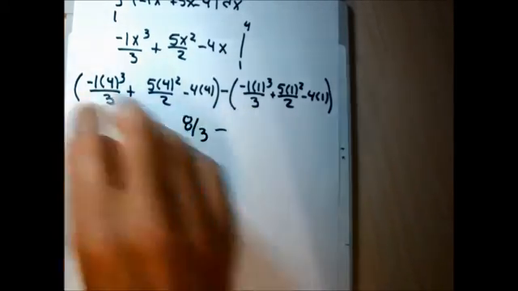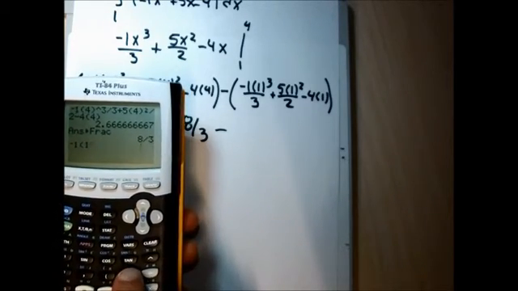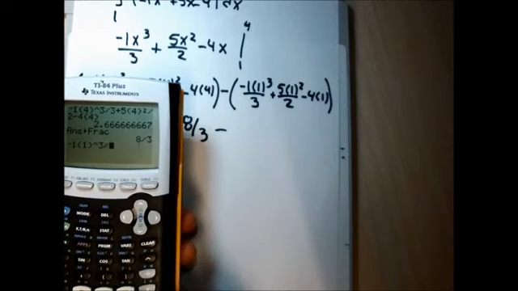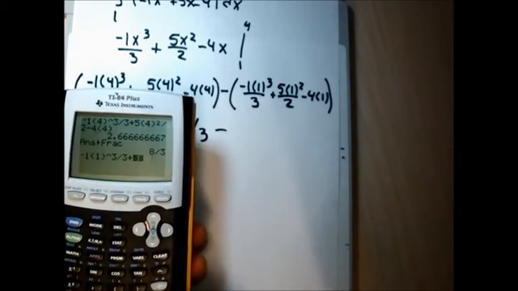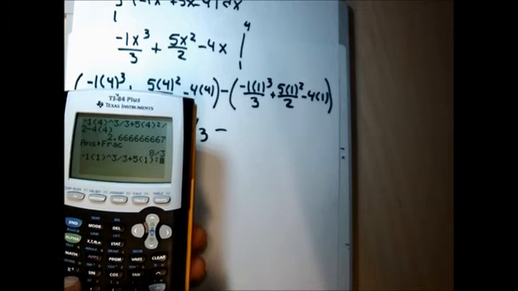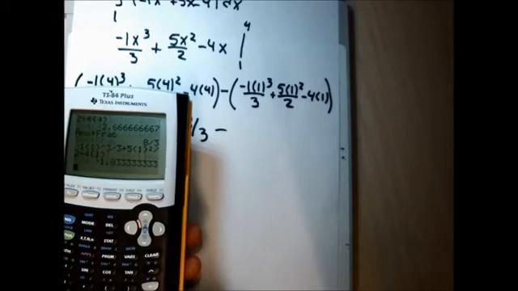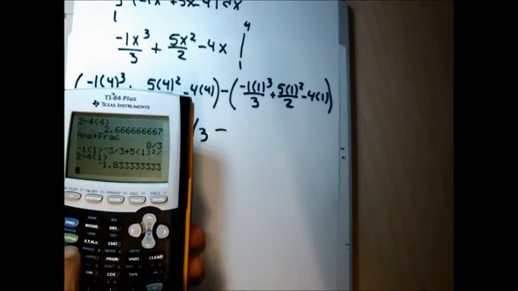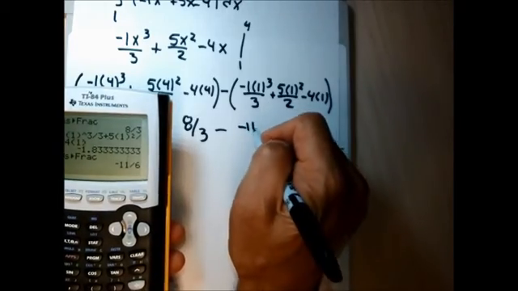Bring my minus sign down, work on the next parentheses. Negative 1 times 1 up arrow 3 divided by 3 plus 5 times 1 squared over 2 minus 4 times 1. Math, enter, enter. So it's minus a negative 11 over 6.